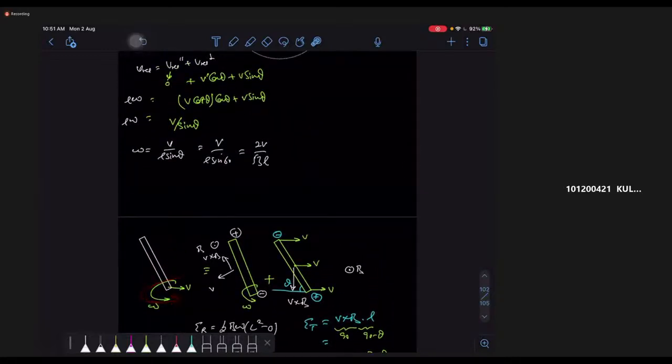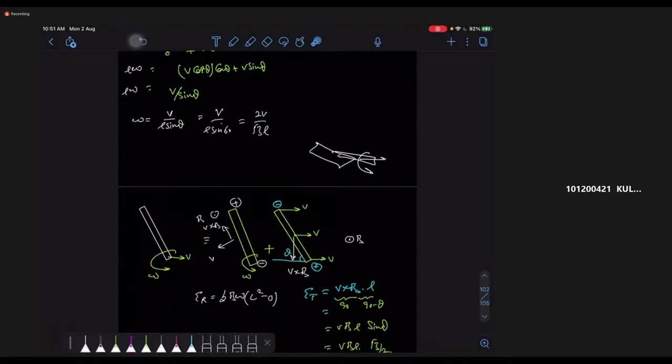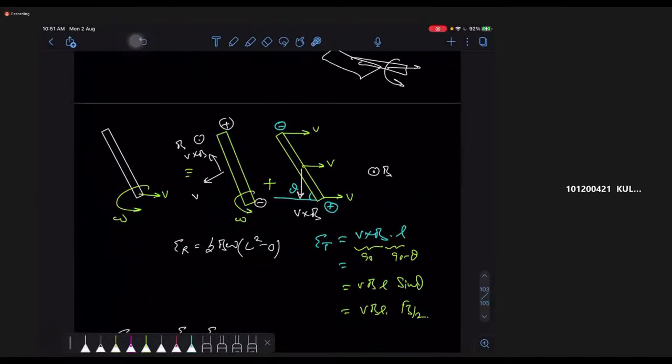If you rotate the rod, suppose this end is moving this way, it is going to rotate anti-clockwise. Okay, if this end is moving this way, omega rotates anti-clockwise. So we have taken the correct direction of omega. Yes, I understood. Okay.